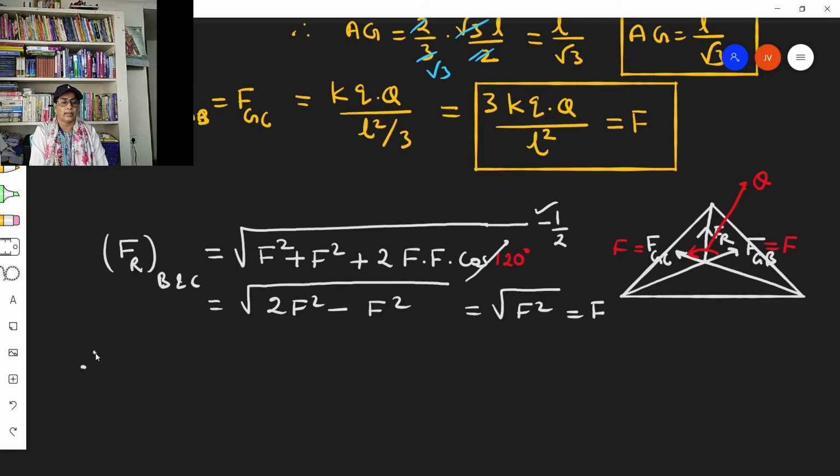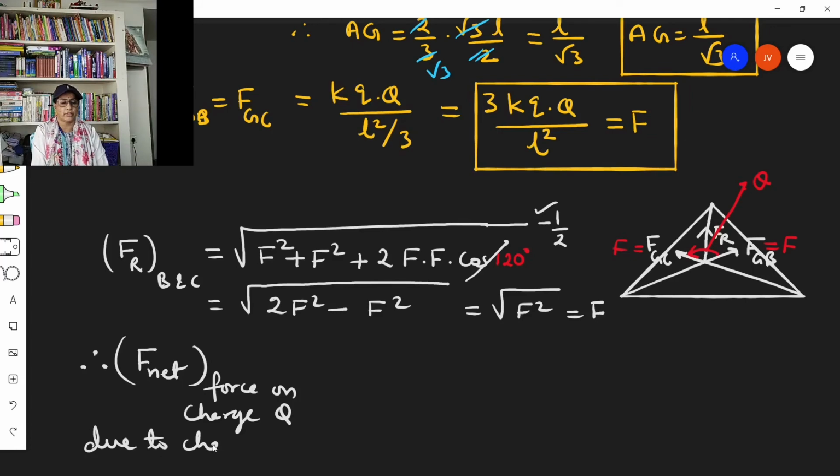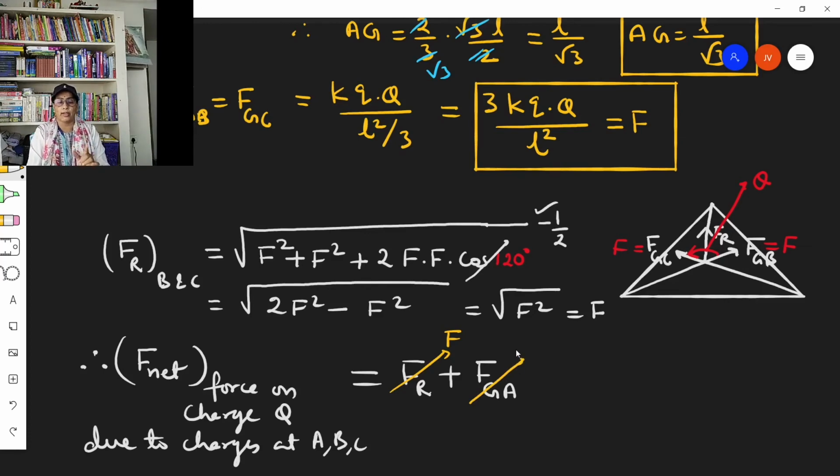Now, therefore, the net force on charge Q due to charges at the vertices A, B, C is the resultant force plus the force on G due to charge at A. The resultant force is F, and force on charge at G due to A is also F, but resultant force is in upward direction and force on G due to charge at A will be in a downward direction.